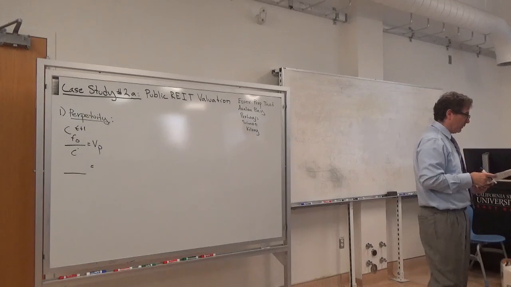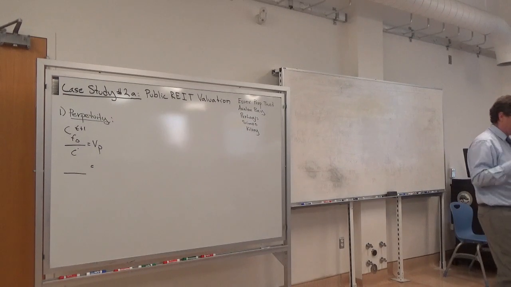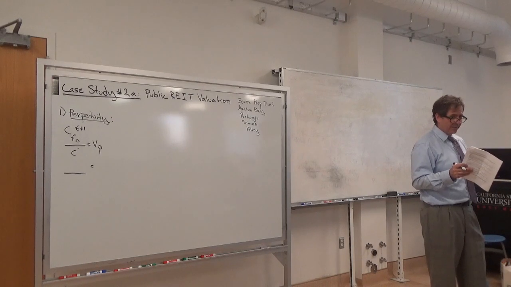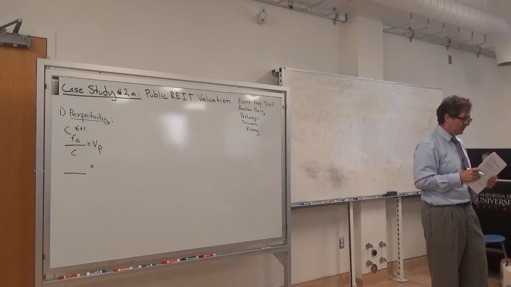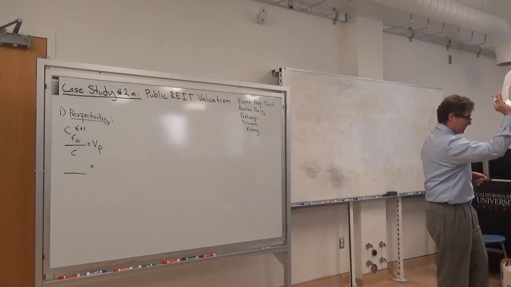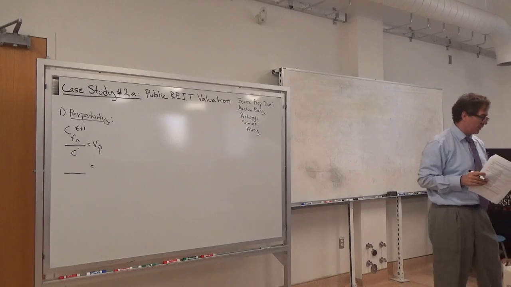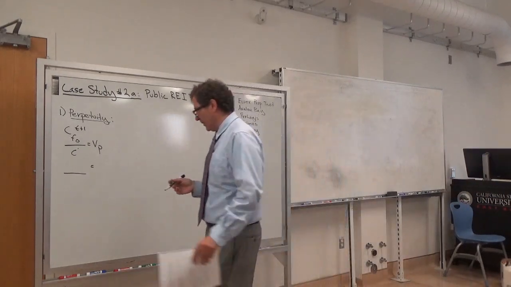I already said it. And it's on the paper. And the last one we used net operating income. What are we using for this one? It's on the page. Read the page. Funds from operations. Are we using per share? Yep. So we're using FFO per share.